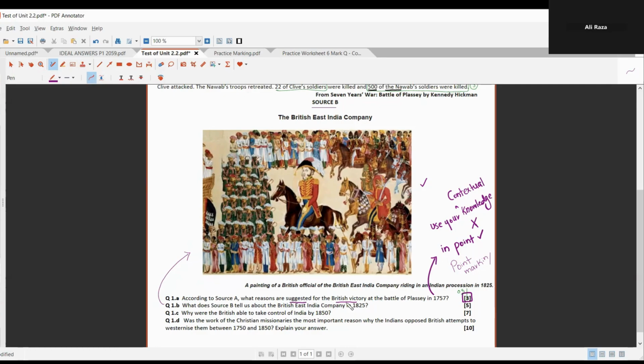Again, contextual knowledge is not much required. आप कर सकते हैं add contextual knowledge. Contextual knowledge मैंने बताया वो चीज है जो आपने बुक में कहीं पढ़ी होगी related to the topic, लेकिन it's not necessary कि आपको उसको quote करना है.